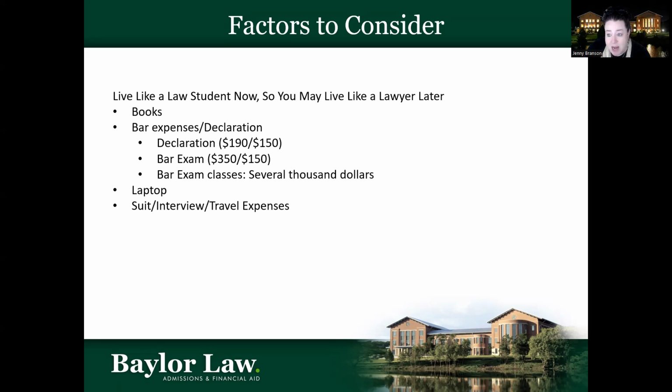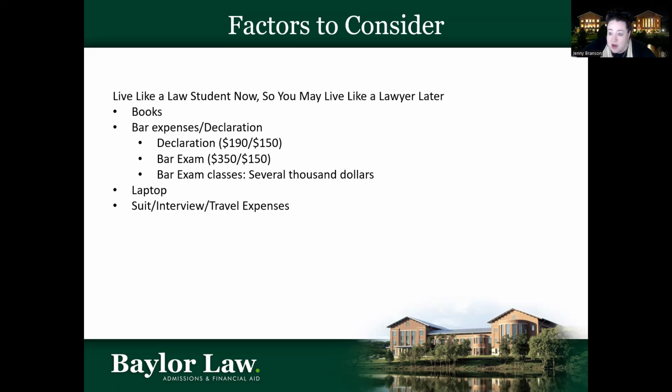If you do that as a 1L, it costs $190. They basically are starting a background check, fingerprinting, all of that. If you wait until after that deadline, which you're fine to do, it's an additional $150. So I typically tell people if you think at all that you want to take the bar exam in Texas in 3 years, I think it's worth doing now.